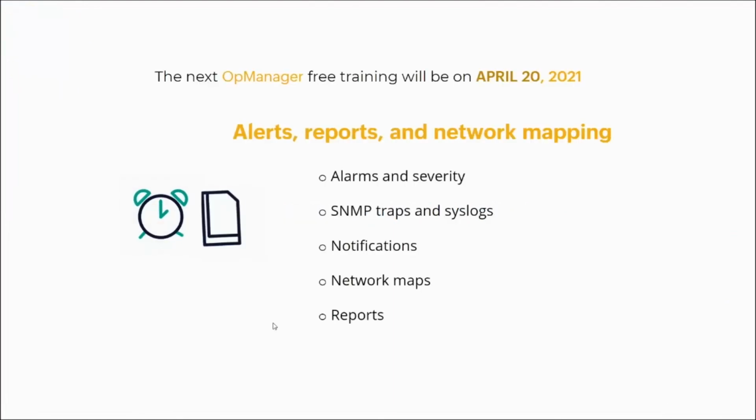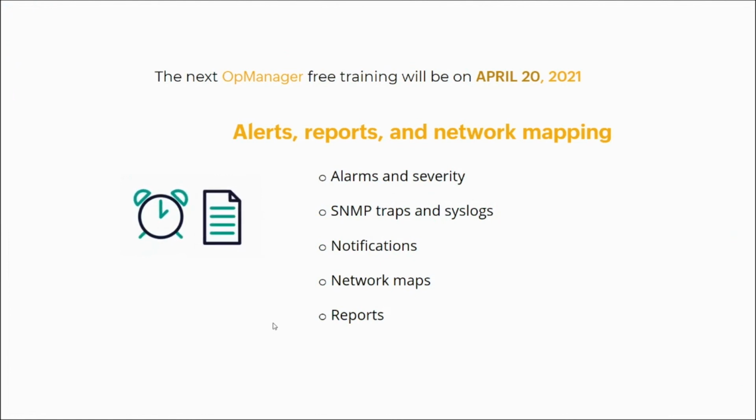And if you want to know more about the next topic, which we are going to see, how OpManager alerts, what is the reporting capability of OpManager, and how network mapping is available within OpManager for the discovered and the monitored devices, don't miss part 3 of this season's OpManager training series, which is conducted on April 20th.